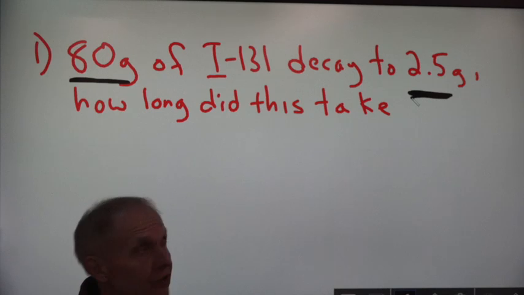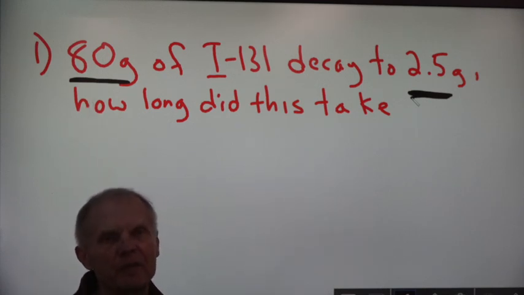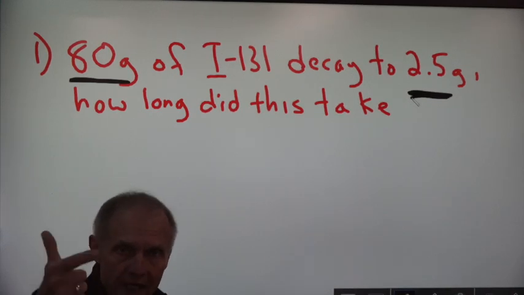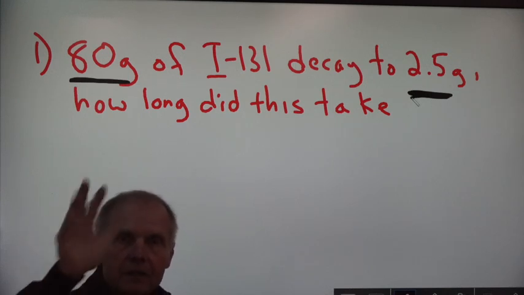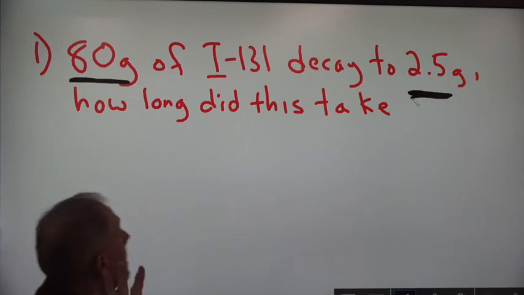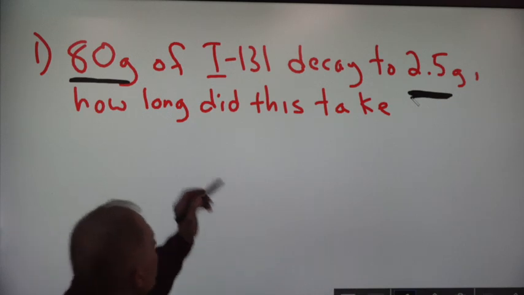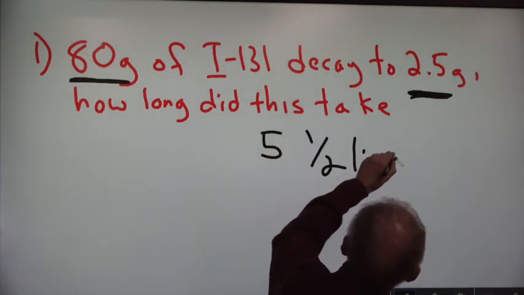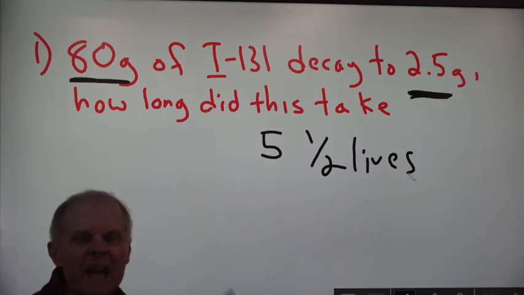So look, we start at 80, we're going down to 2.5. So the first half-life knocks it down to 40, 20, 10, 5, 2.5. So the first thing we know is we have 5 half-lives. Okay, that's the first thing.